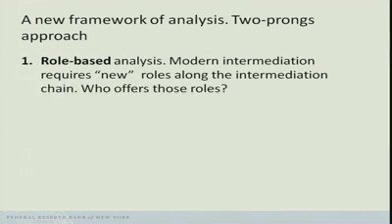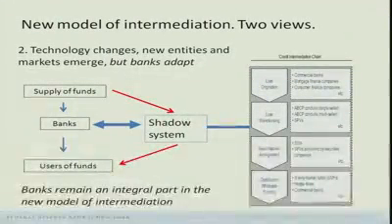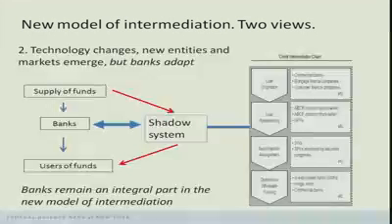and we came up with a framework of analysis based on two separate but complementary elements. The first is that we actually focused on the roles that were needed along the intermediation chain. So the map of credit intermediation that is shown here focuses on the steps: loan origination, loan warehousing, securitization arrangement, et cetera, et cetera.